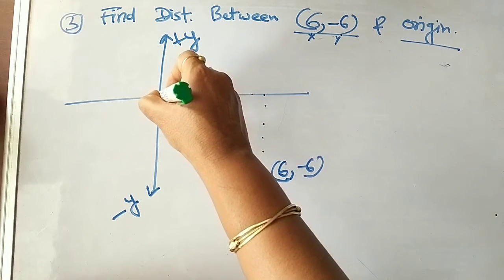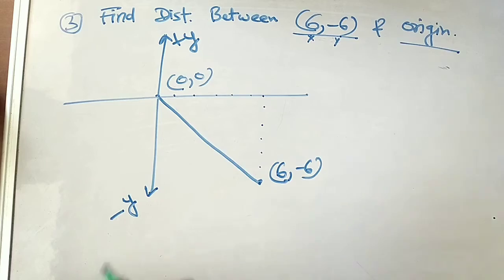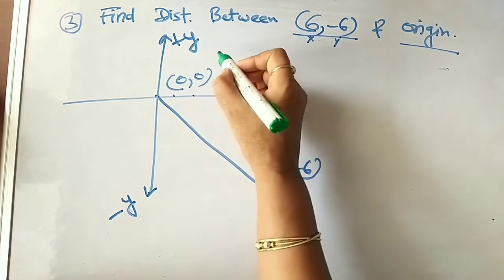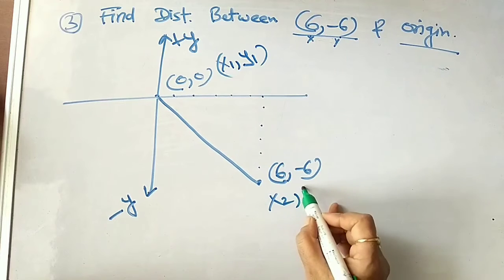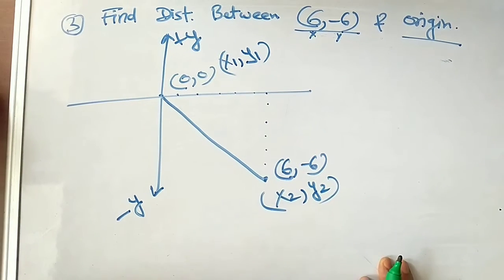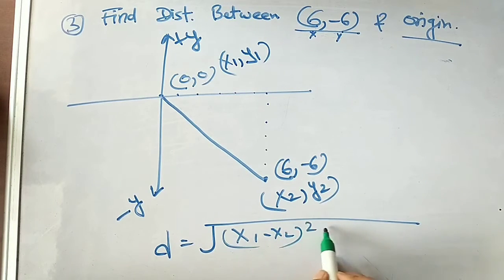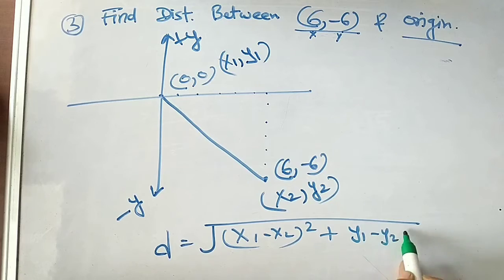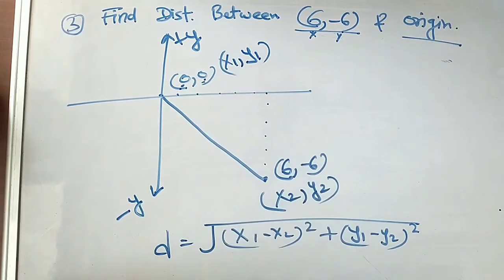They're asking to find this distance. Okay, so what is the formula, guys? Suppose this is my x1, y1 and this is my x2, y2. We know the formula, correct? So according to the formula, I need x1 minus x2 square plus y1 minus y2 square, correct? So what is my x1 and y1? 0, 0.